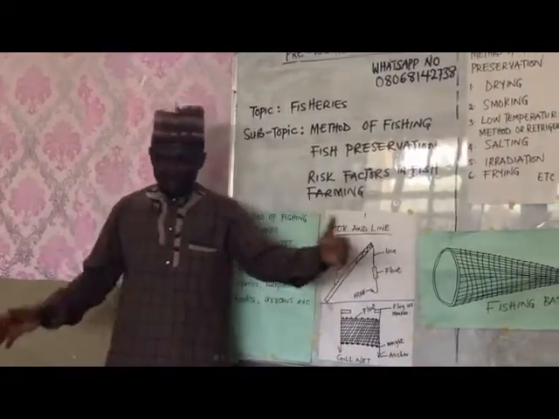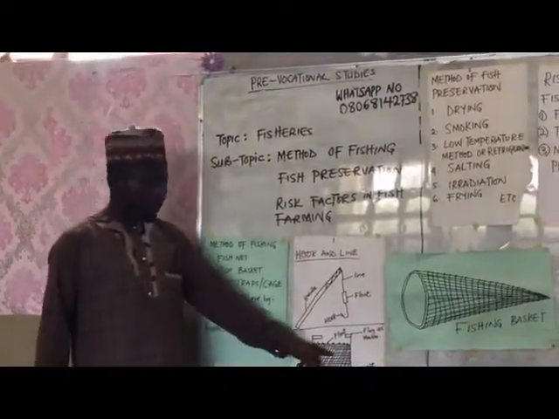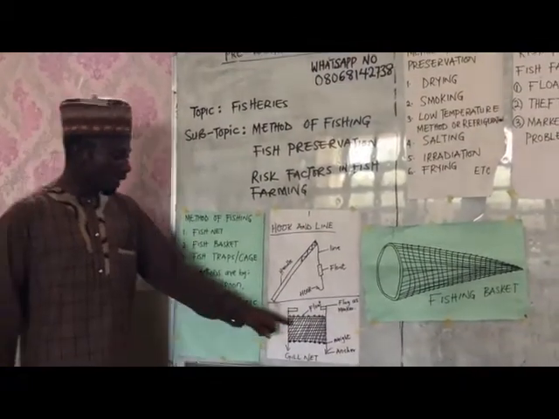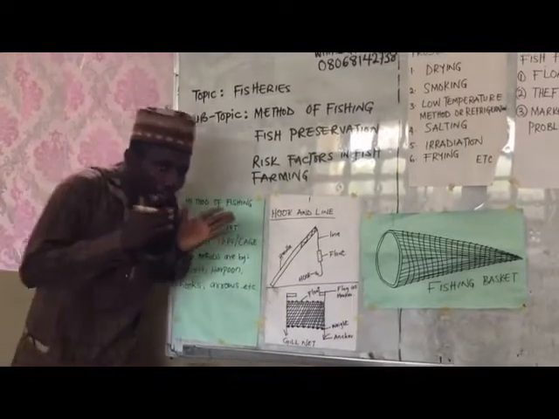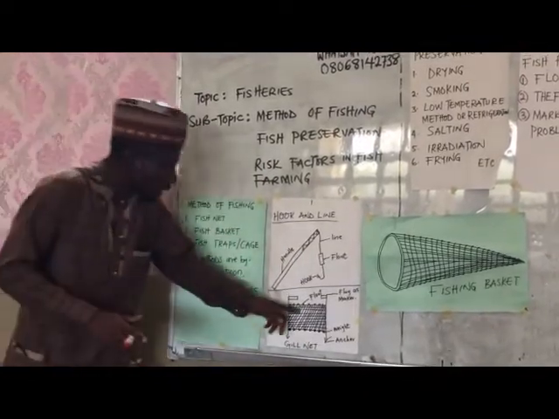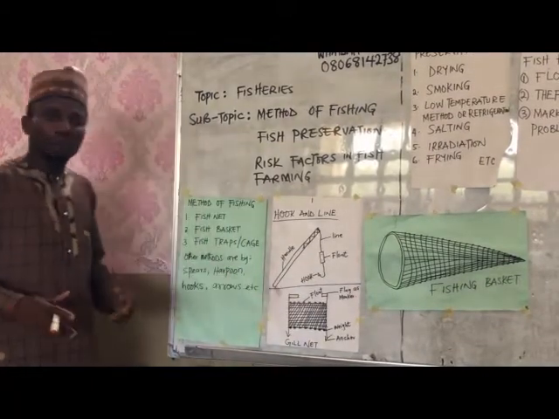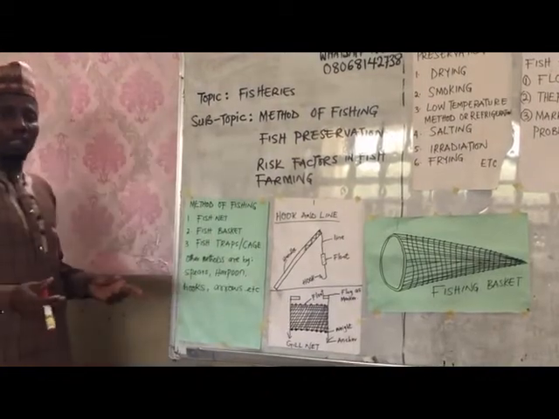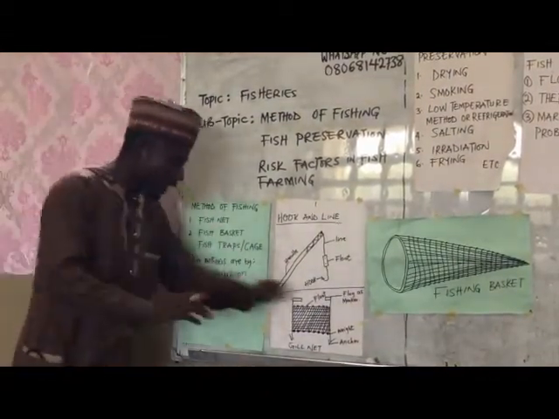The gill net is designed in such a way that the mesh size only lets the head of the fish enter. Once the head enters the mesh, the fish will get stuck to the net and will not be able to come out again. That is, the gill will get stuck to the net.